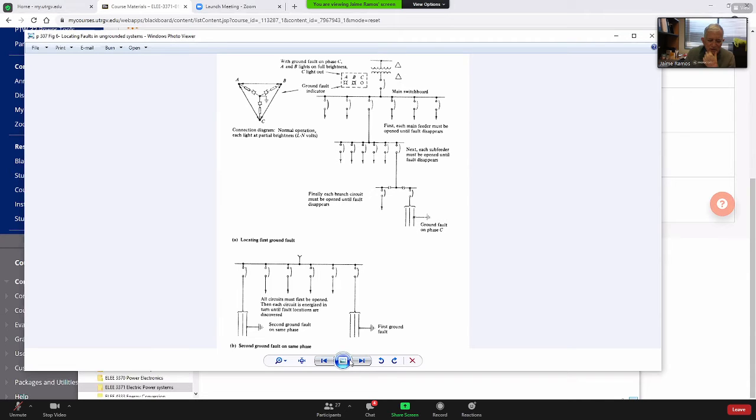Now, in the bottom figure, there is a second ground fault on the same phase. Then it's locating the first ground fault.